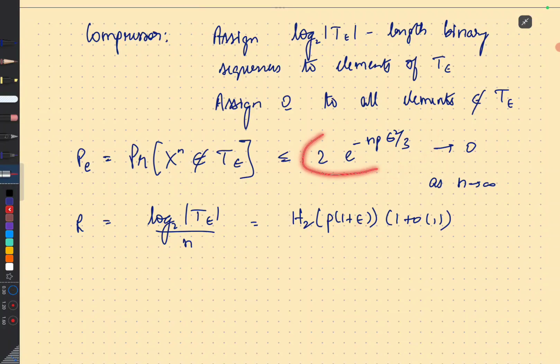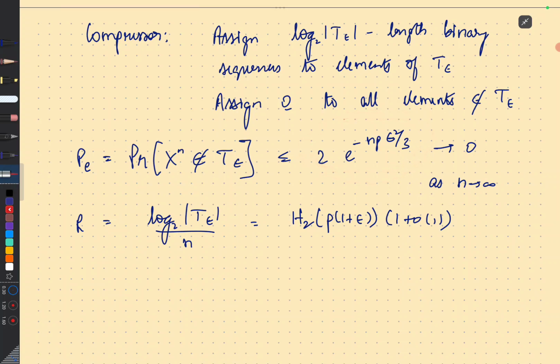In fact, in this case, I can even choose epsilon to be something that decays very slowly with n. So for example, if I choose epsilon to be, say, 1 over log n, this exponent would be some constant times n over log square n, and therefore this still goes to 0 as n tends to infinity.